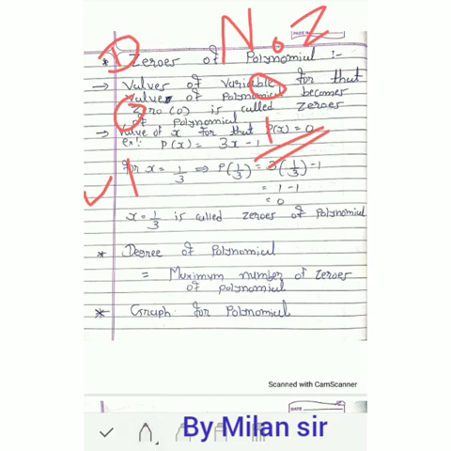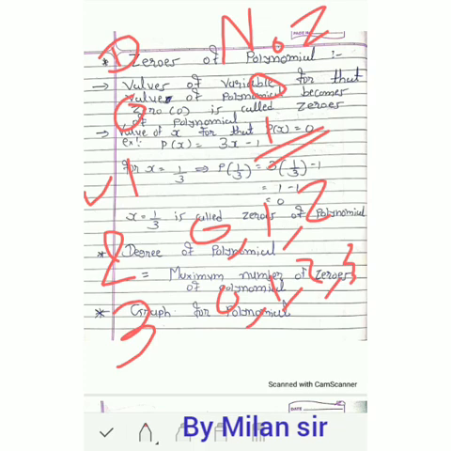Okay. If the degree of the polynomial is equal to 2, then how many possibilities are there for the number of zeros? So the number of zeros can be 0, 1 or 2. If degree is 3, then the possibilities for the number of zeros are 0, 1, 2 and 3. Okay.